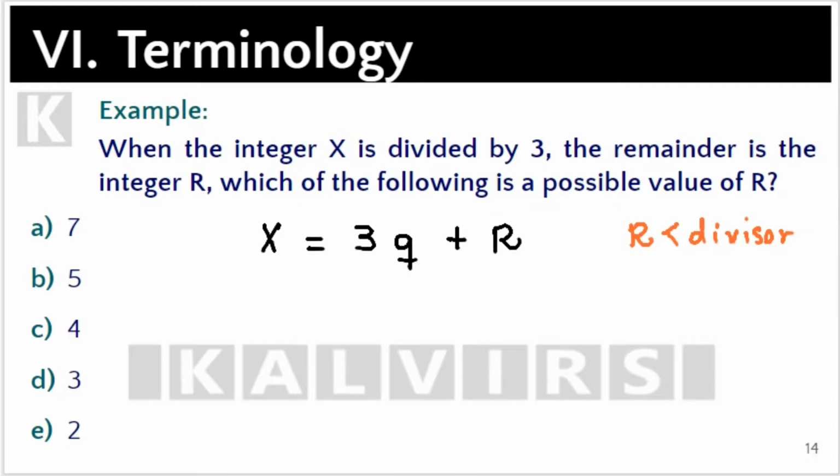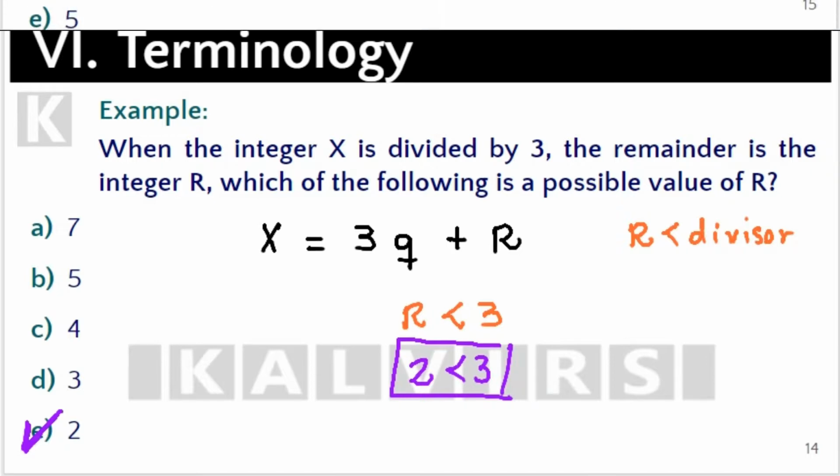So, since the remainder is always smaller than the divisor, then r must be less than 3. Therefore, a possible value of r is number 2, because 2 is less than 3. Choice E is correct.